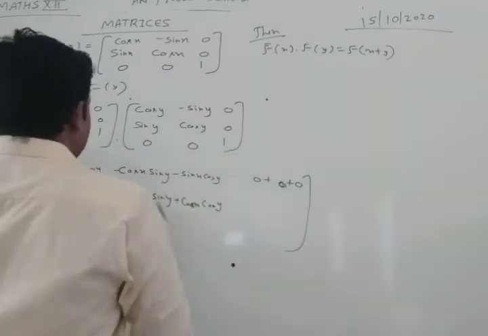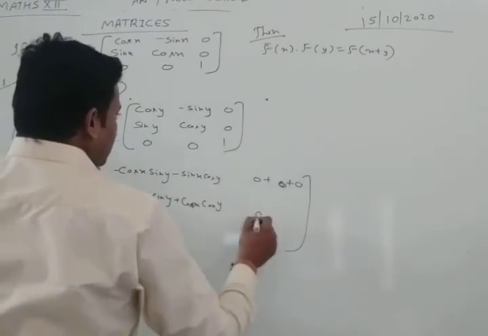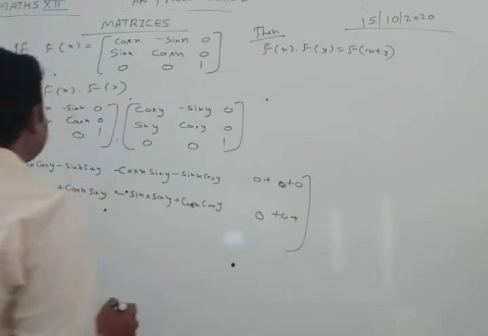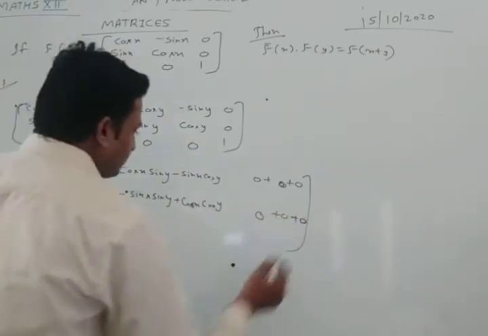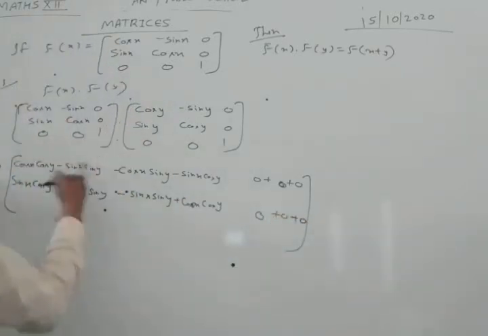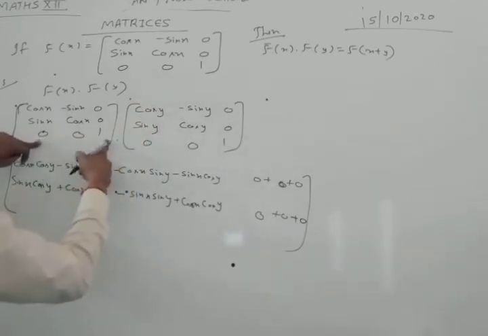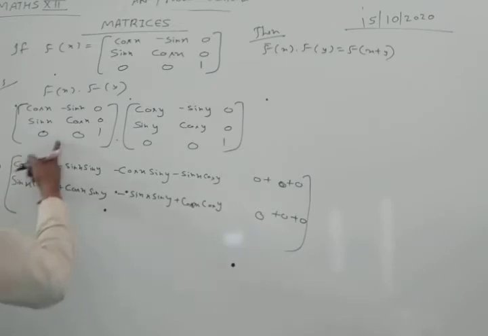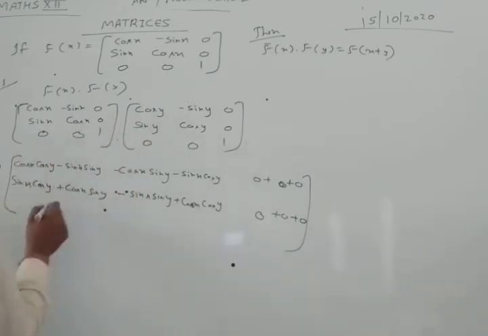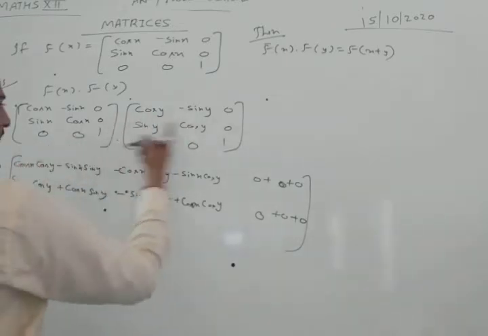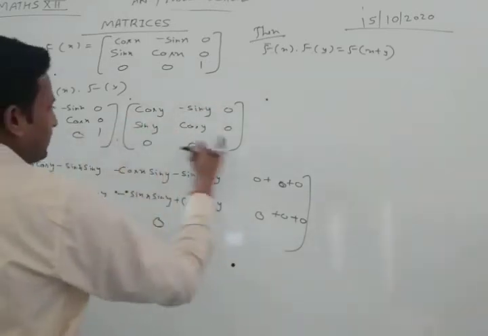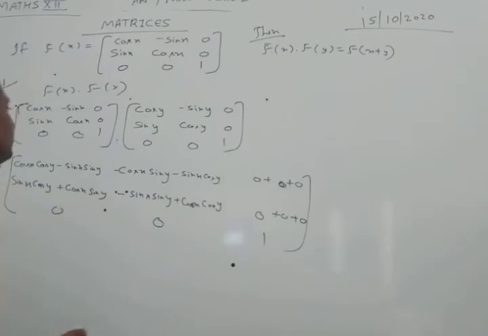And the next is 0, 0 and 0. Okay. Now third row, first column, second column, and third column. So multiply 0, 0 and 0. So this is 0, 0, 0 and 0. Now 0, 0 and this is 1. Okay.